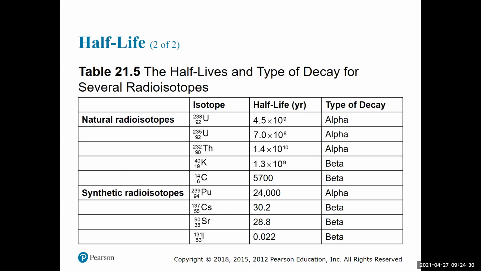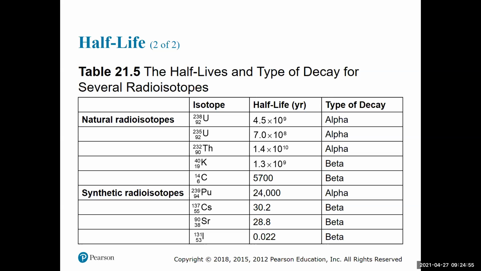And this is a table that I think is kind of neat. It's got what some of the half-lives are. And let's focus on the natural radioisotopes. We're not going to worry about the synthetic ones. Let's look at carbon. So carbon-14 in this case, 5,700 years is the half-life.